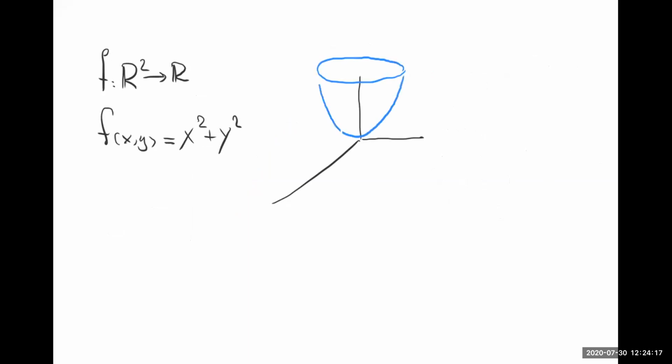It's a paraboloid. It's the graph of the function, right? At each point on the graph of the function, so suppose x, y, z is a point on this surface. One person might ask, what does the derivative mean? What is the geometric meaning of the derivative?